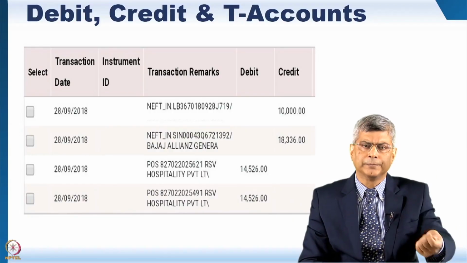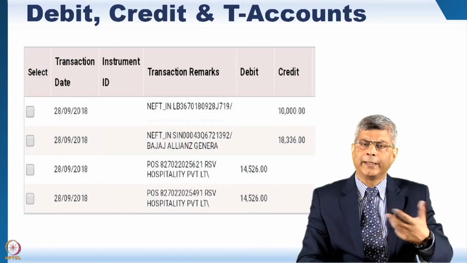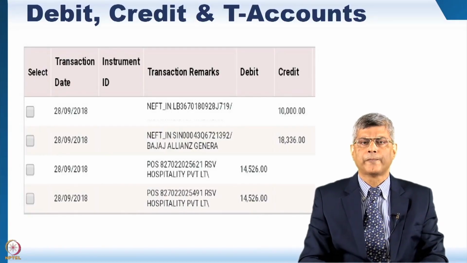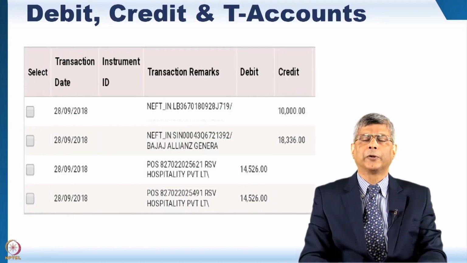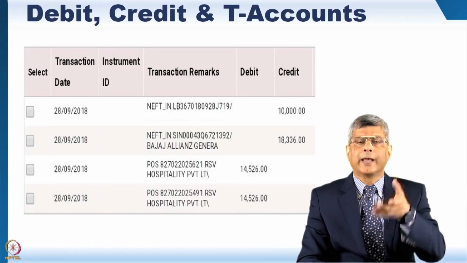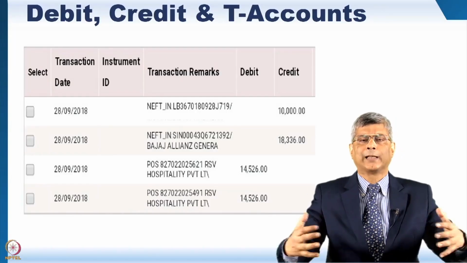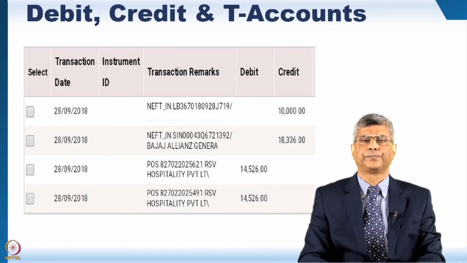If you spend money through UPI or credit card or through a check, it's a debit to your account. So all of you are using T accounts, debit, credit in your personal lives. Companies use the same, except the volumes are much larger.